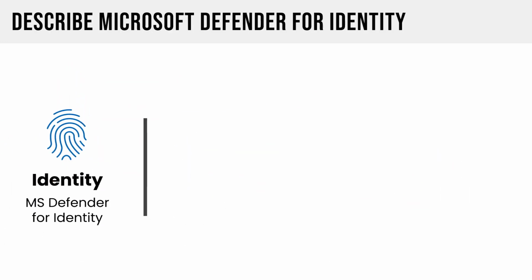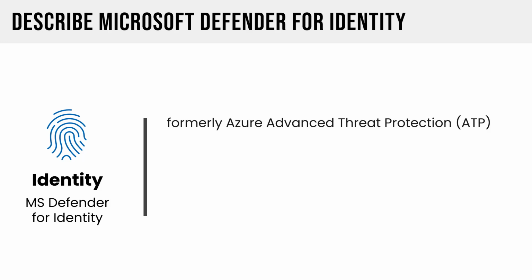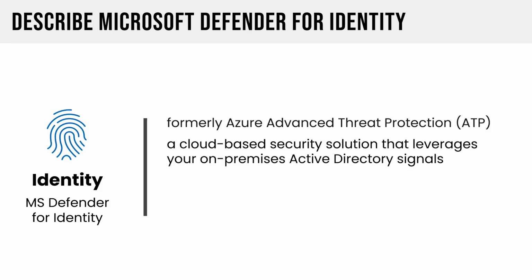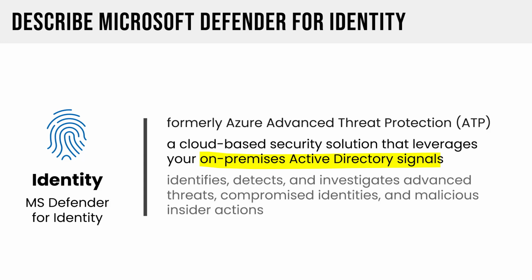So let's start with Defender for Identity. This was formerly called Azure Advanced Threat Protection, and it's a cloud-based solution that leverages your on-premises Active Directory signal. So this is taking the logs from your on-premises Active Directory domain services. That's a key.